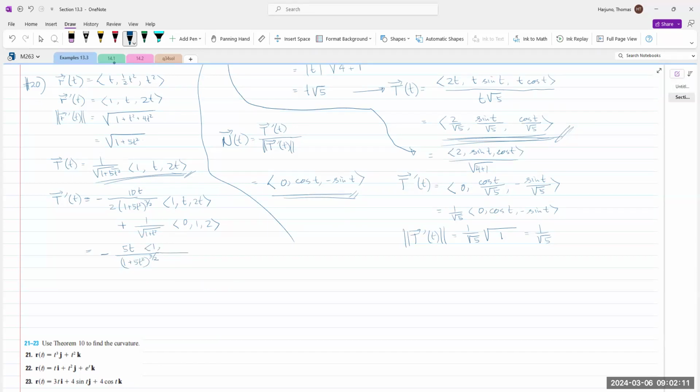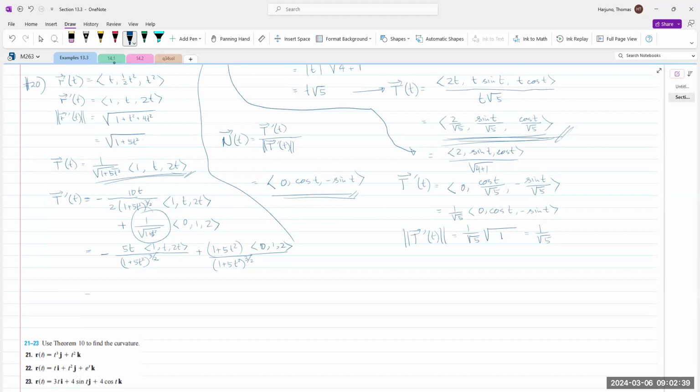times (1, t, 2t), plus I'll multiply this by 5t here, by 1 plus 5t squared on the top, such that the denominator has that LCD to the power 3/2, and then times (0, 1, 2).